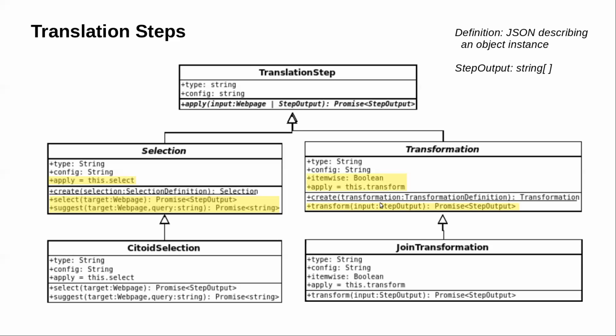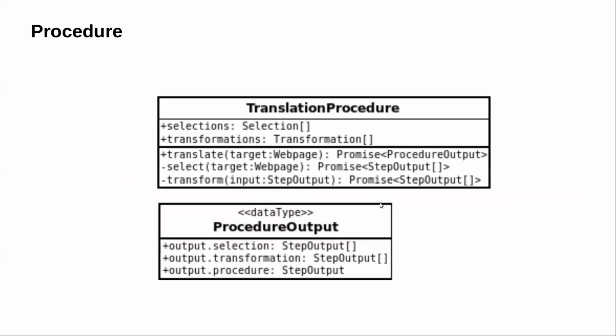Let's go up in the hierarchy. So we go to a translation procedure. Remember that we had fields. Inside these fields, we had procedures. And as you see here, inside the procedure, we have a selections property, which is an array of selection objects, as we have just seen them, and a transformation property, which is an array of transformation objects.